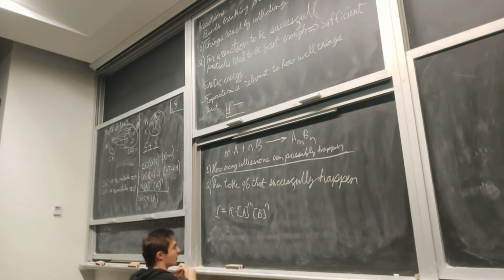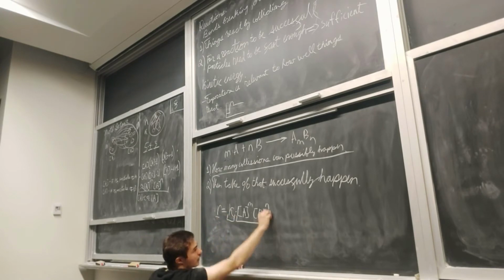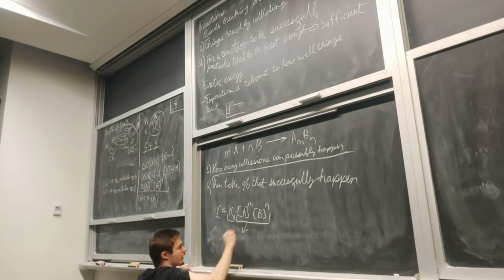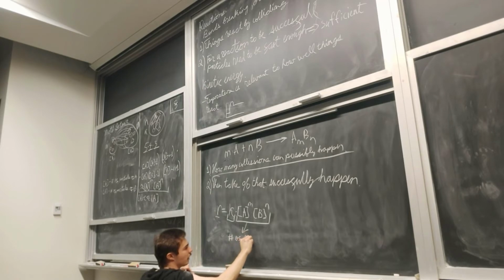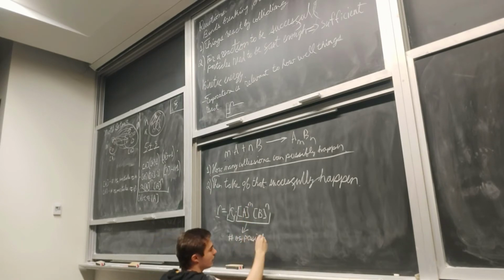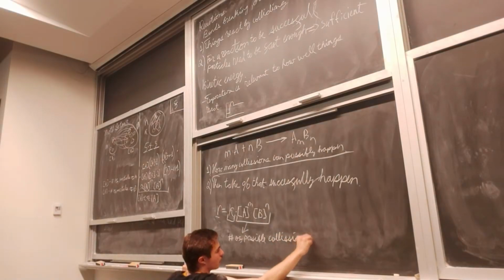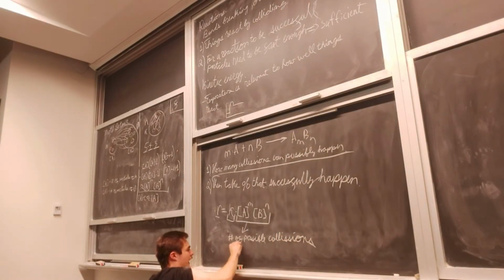Fortunately, this board is not liftable. So this A times B to these powers is the number of possible combinations of particles that could react, that could give you a successful reaction. Number of possible collisions that could result in a reaction.